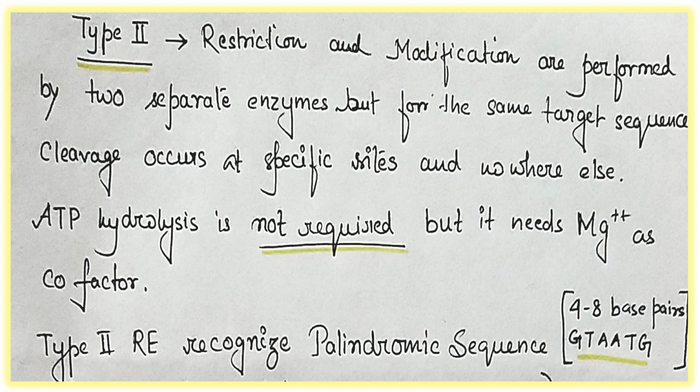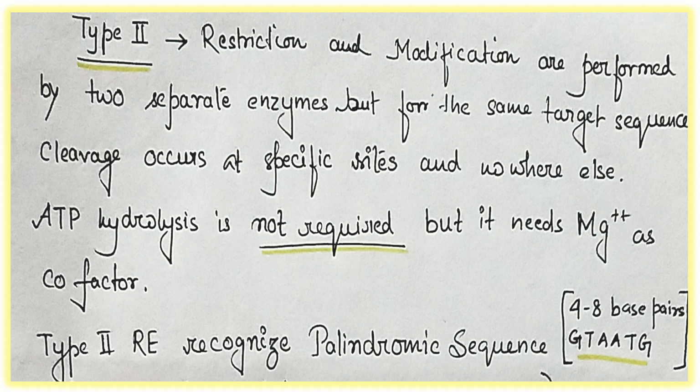The target sequence is the same, but the restriction and the modification functions are delivered by two separate enzymes. Cleavage occurs at specific sites and nowhere else. This is very important. The cleavage is occurring at exact or specific sites and not anywhere and everywhere.